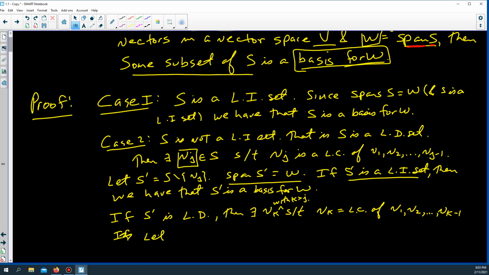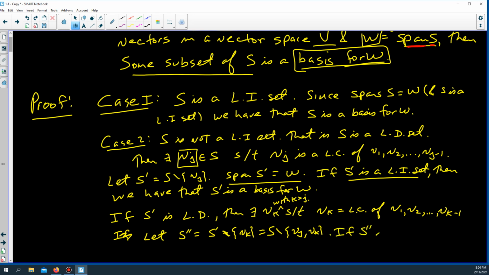So how about we say let S double prime be S prime minus V sub k. That is, it's S minus V sub j and V sub k. We remove those two.